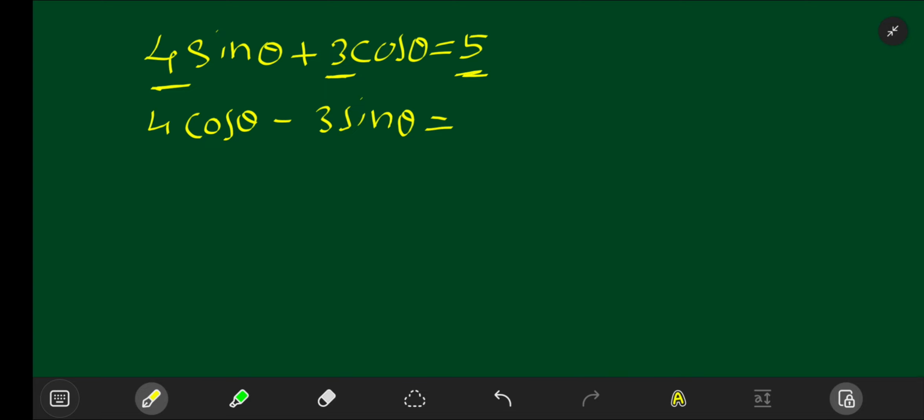What is the formula? Square root of A square plus B square minus C square. A square means 4 square, B square means 3 square, minus C square means 5 square.